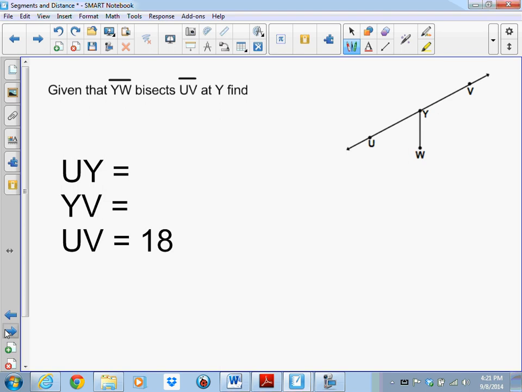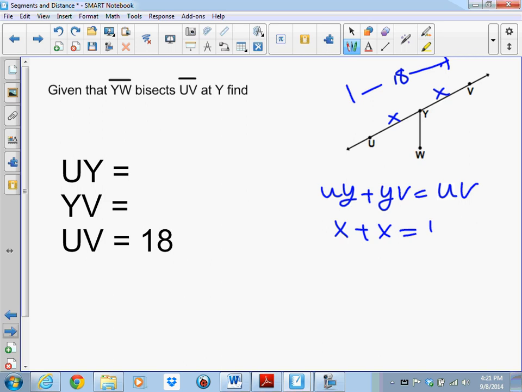All right, on the next one, a little bit different, here we have the whole thing is 18. This is going to be X, and this is going to be X because they are the same thing. So we have UY plus YV equals UV. X plus X equals 18. 2X equals 18. Divide by 2. X is 9.